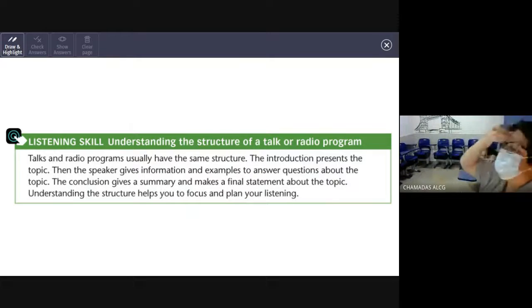We have two things here in the conclusion, a summary and a final statement. What is a summary? Do you know, Julie? What is a summary? Stephanie, Duda.